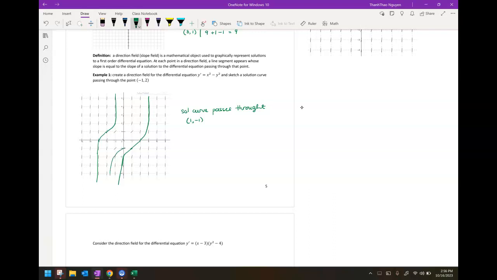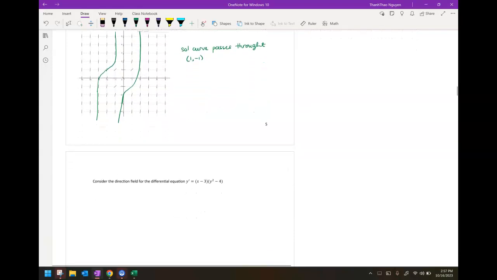Let it level out over here, and then slowly increase, and then level out over here, and slowly increase as well. So you can have many different particular solutions depending on where you want the curve to pass through.